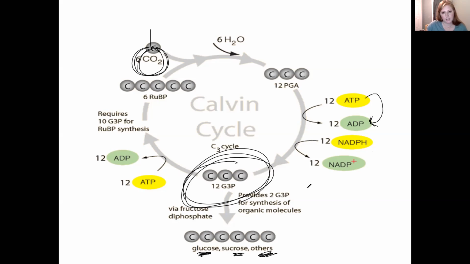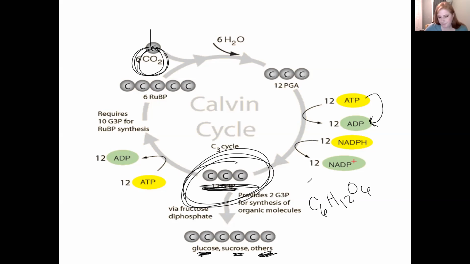One of the products that comes out of this cycle is G3P, glyceraldehyde 3-phosphate, and it's the foundation that's going to be used to make glucose. It takes 2 of these G3P molecules to make our organic molecules. If you remember, glucose, C6H12O6, well, this only has 3 carbons in it. So naturally, we're going to need 2 of these to make 1 glucose.